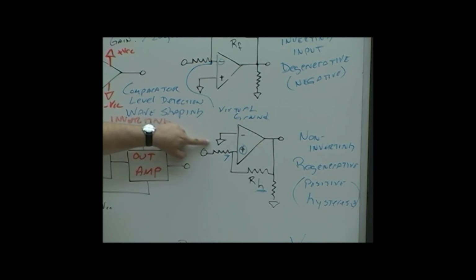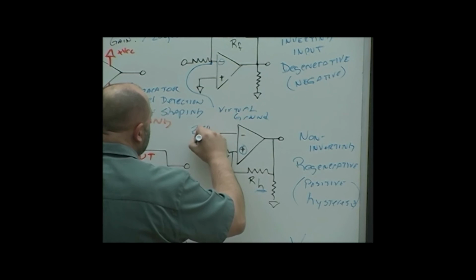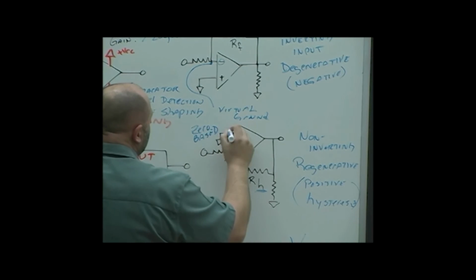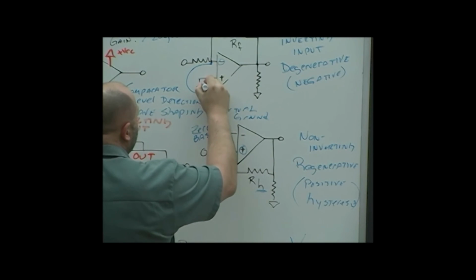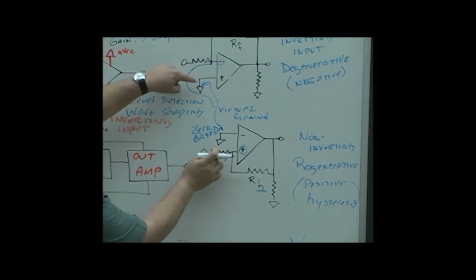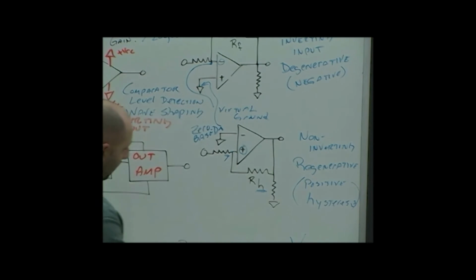If an input is tied to ground, what do we call it? Zero based, yes. Zero based, not biased, based. Here and here. Zero based, virtual ground, differential input 0. That's what it's based off of, balanced. That's all this stuff.